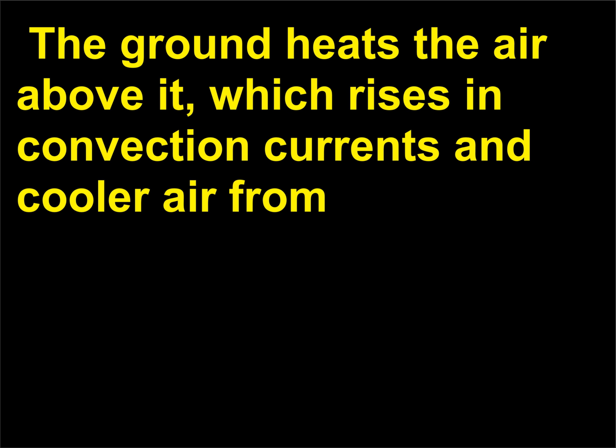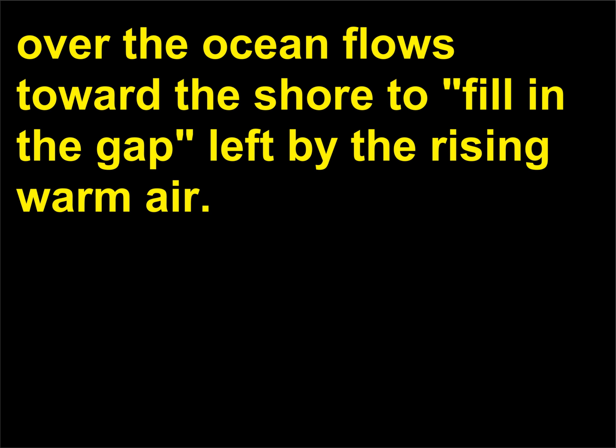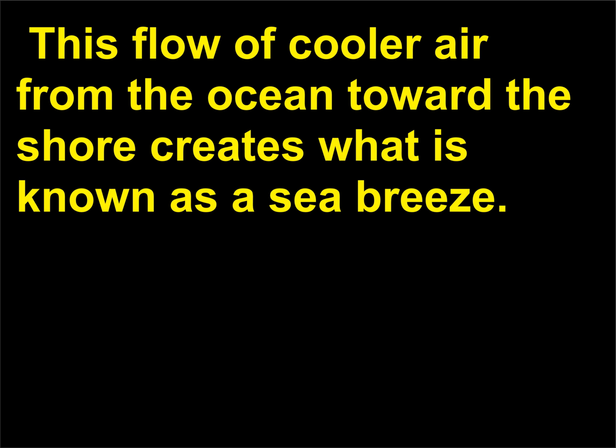The ground heats the air above it, which rises in convection currents, and cooler air from over the ocean flows toward the shore to fill in the gap left by the rising warm air. This flow of cooler air from the ocean toward the shore creates what is known as a sea breeze.